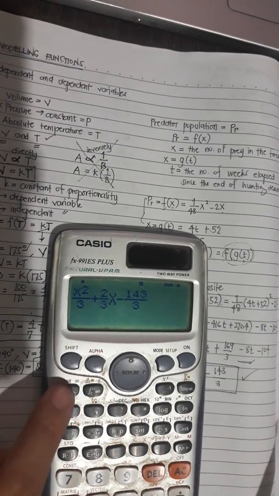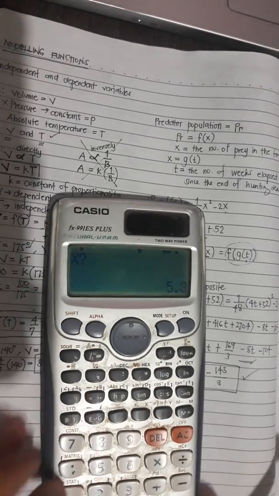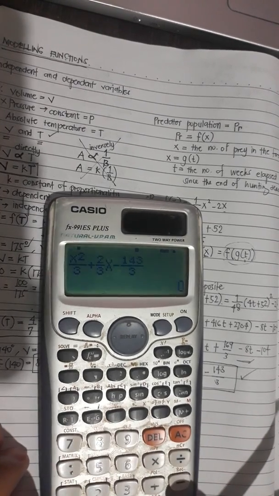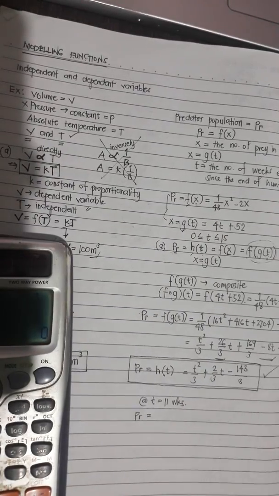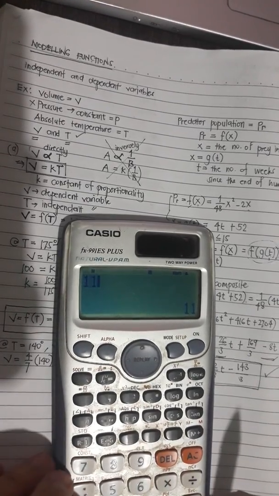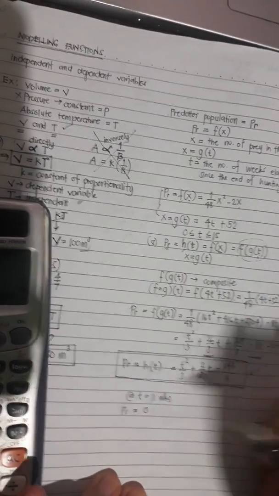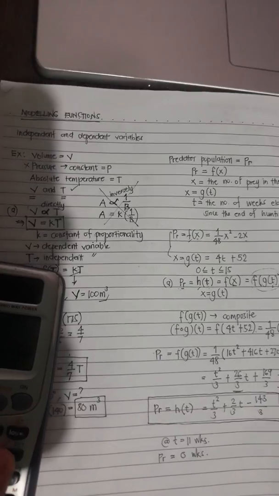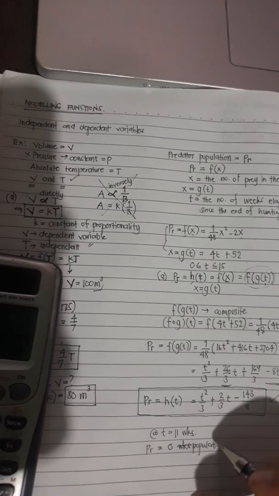We could press calc, then when x is equal to 11 weeks, then we have equals zero, no? Okay, 11. So meaning there is no predator population in 11 weeks. Sorry, zero population, zero predator population.